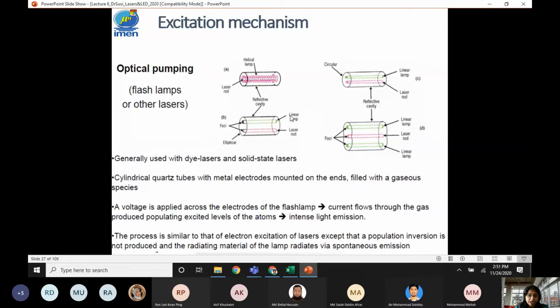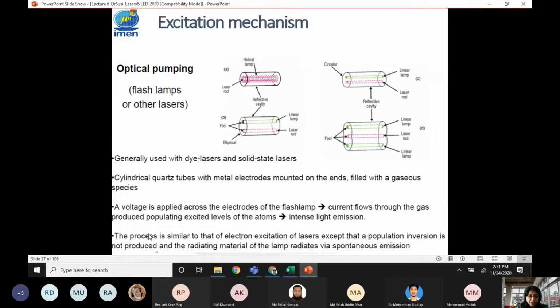And then you can also have a linear lamp and also a laser rod. These are cylindrical quartz tubes with metal electrodes mounted on the ends, filled with a gaseous species. You fill it up with gas, and a voltage is applied across the electrodes of the flash lamp, and the current flows through the gas, populating excited levels of the atoms, and you have intense light emission.